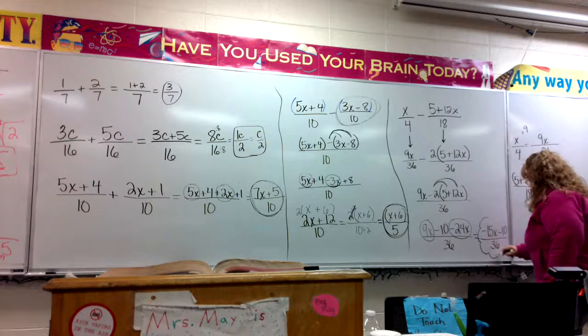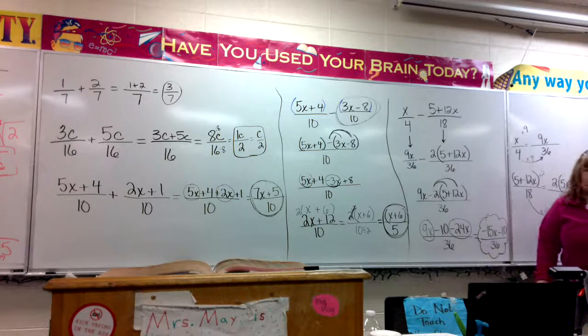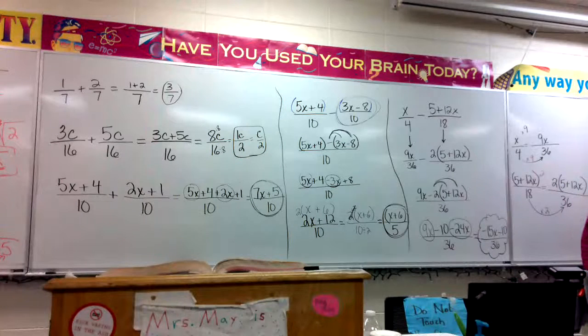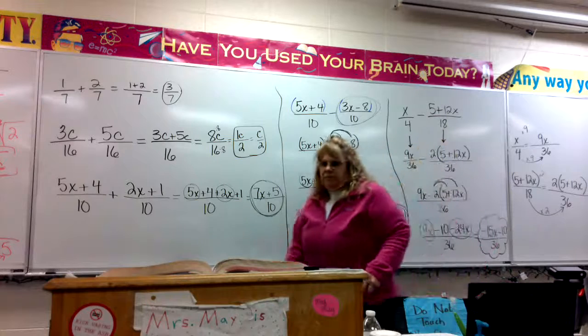I think we're good. You can factor a 5 out of that if you want, but 5 doesn't go into 36, so I don't think I'd bother, right? Does that make sense?